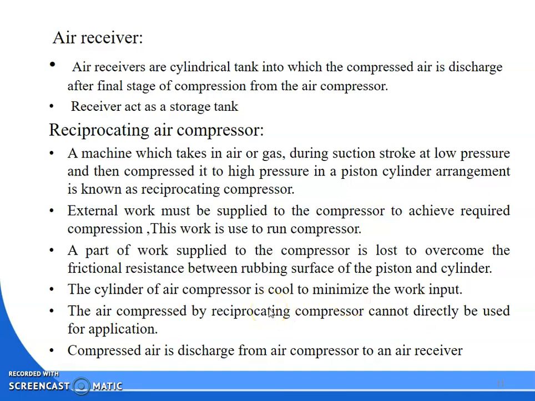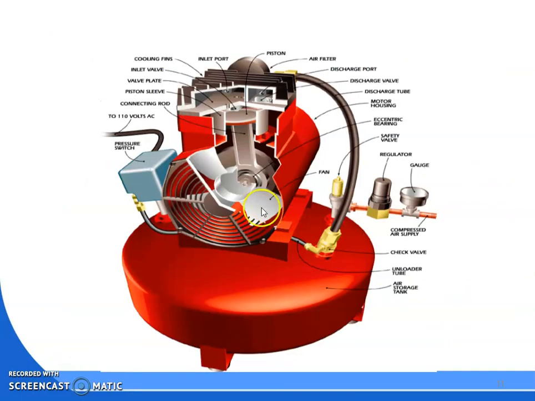Okay, next we will discuss the working. See here, this is the reciprocating air compressor. This is the piston, this is your suction valve, this is your delivery valve, this is your air filter, and this is the piston. Here is the inlet port or discharge valve, and this is your inlet valve.